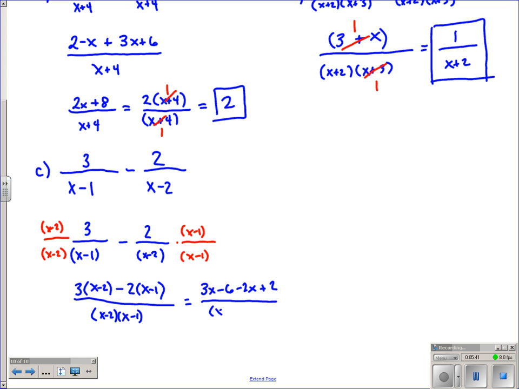We have all that over x minus 2 times x minus 1. 3x minus 2x is going to be x. Negative 6 plus 2 is going to be negative 4. So we end up with x minus 4 over the quantity of x minus 2 times the quantity of x minus 1. That is our answer.